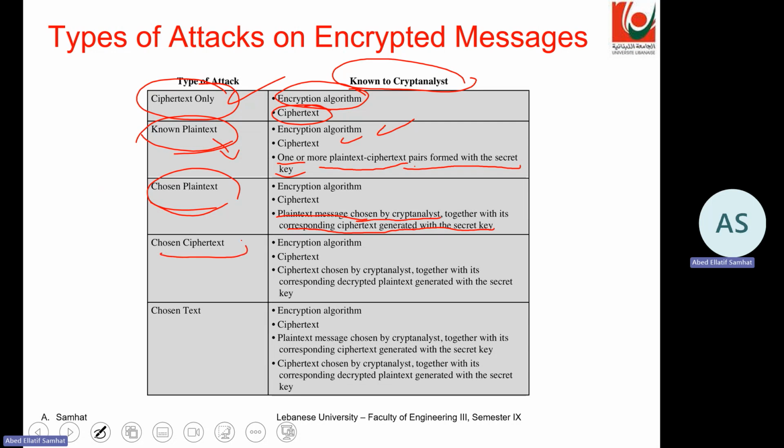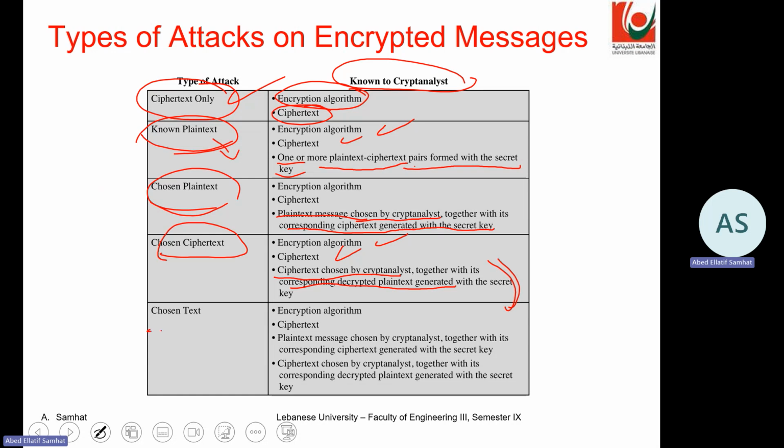Chosen ciphertext: here we have the encryption algorithm, we have the ciphertext, but we have a ciphertext chosen by the cryptanalyst together with its corresponding decrypted plain text. So according to this kind of attack, it's possible to have a specific ciphertext pattern and its plain text, and that's why we call it chosen ciphertext.